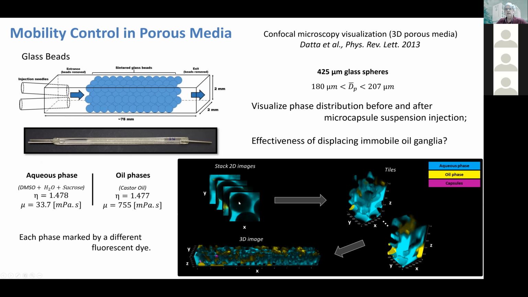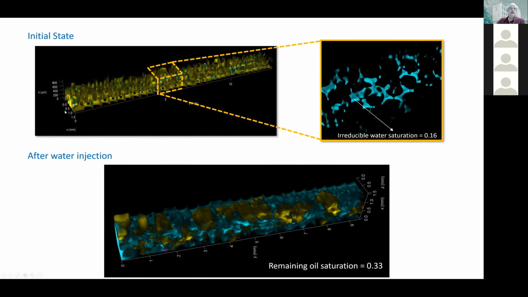So what you're going to see here is the water phase is going to be marked in blue. The oil phase is going to be marked in yellow, and the capsules are going to be marked with this pink color. So we started in the initial state by having just a porous media almost fully saturated with oil. That's why you see all this yellowish color. There's water. Water is the wetting phase here.